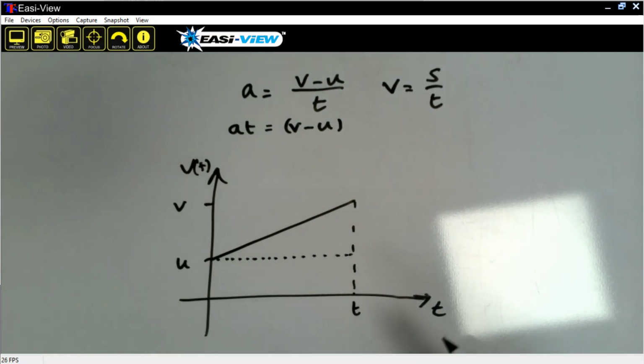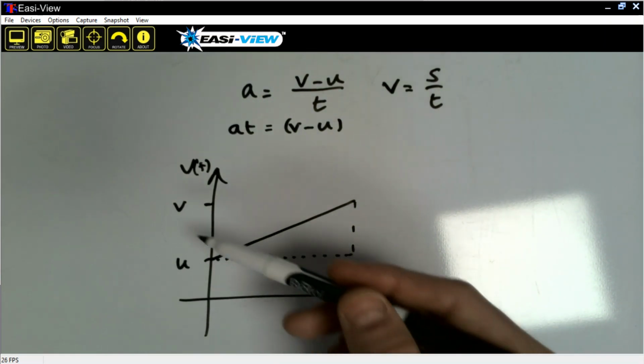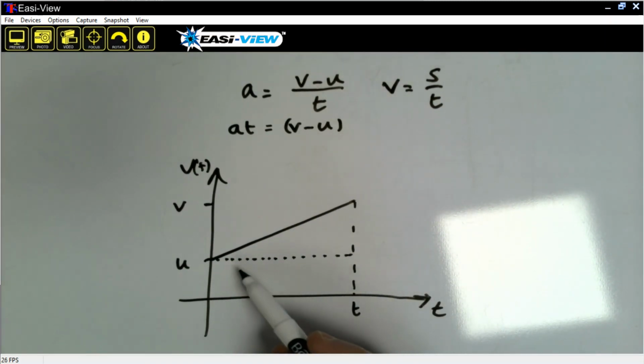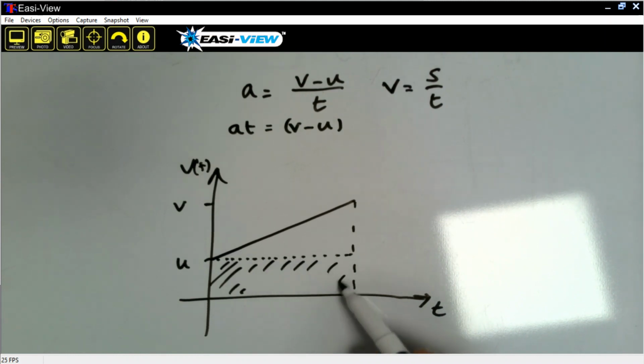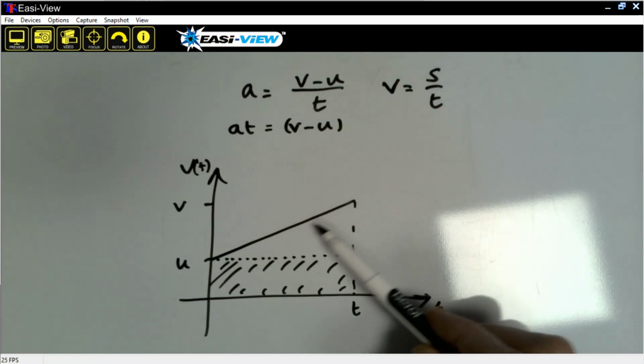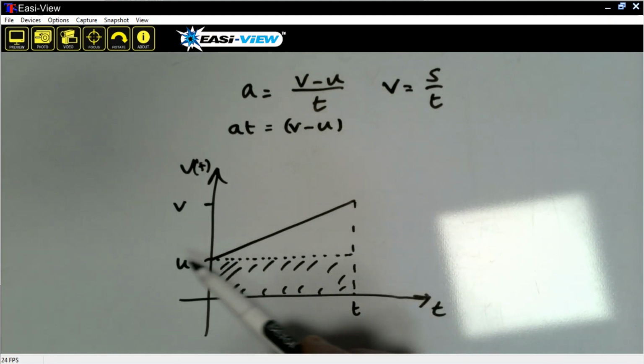Well, it's still the area under the graph, but instead of using the trapezium rule, which averages v and u, I can find what this displacement is. So the displacement due to this area, and that is as if the accelerating object stayed at its initial speed. So that's the displacement traveled if it was to stay at its initial speed. This is the additional displacement due to the acceleration.